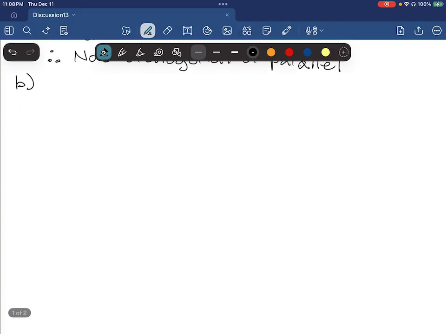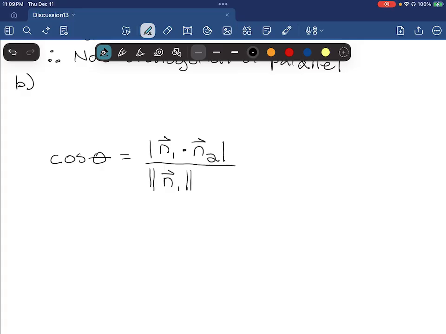Okay, so in order to do that, we have an equation, cosine theta equals the magnitude of the dot product between the normal vectors, over the product of the magnitude of the normal vectors.